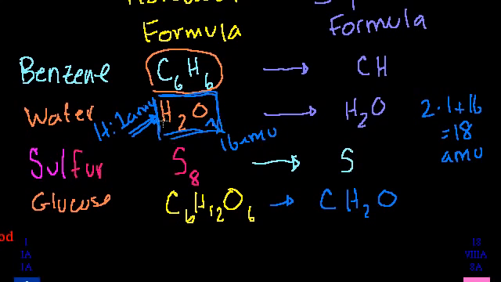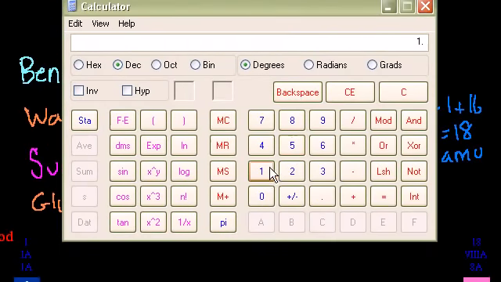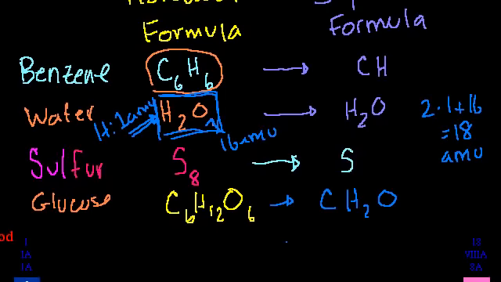And once again, if you want to say what percent by mass of water is oxygen, it's 16 out of the 18. So if we get the calculator back, 16 divided by 18 is, rounded, 88.9% oxygen.